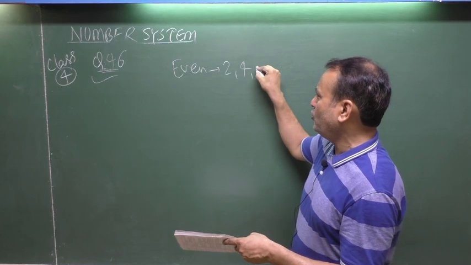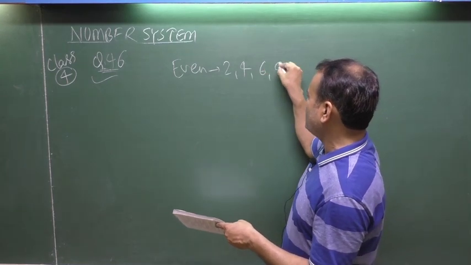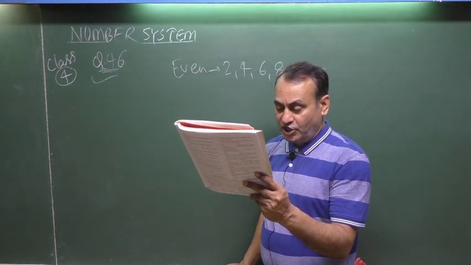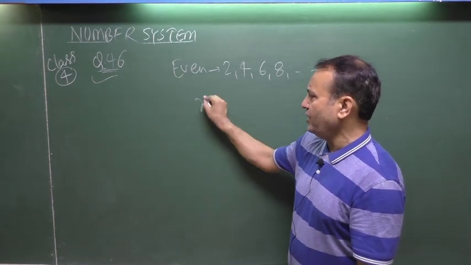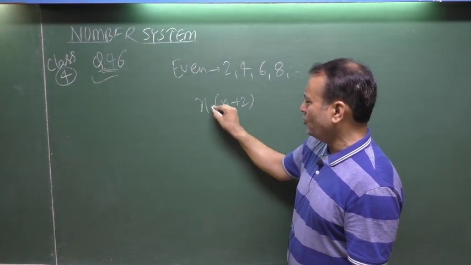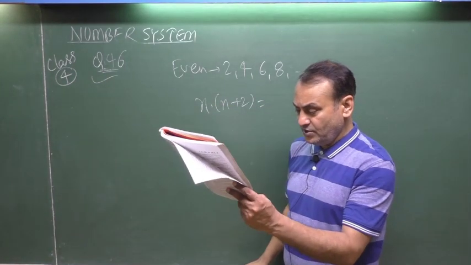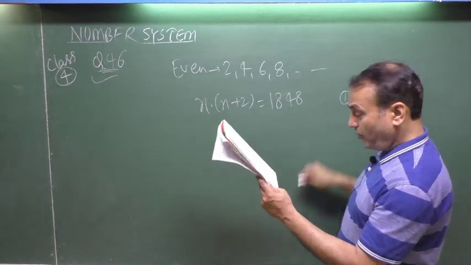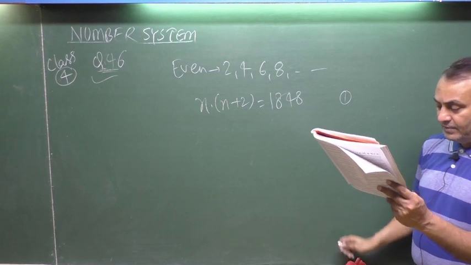It starts from 2, plus 2 is 4, plus 2, and so on. The question says the product of two consecutive even numbers is 1848. The first number is x, another will be x plus 2, and the product is 1848. You have to point out the smaller number.